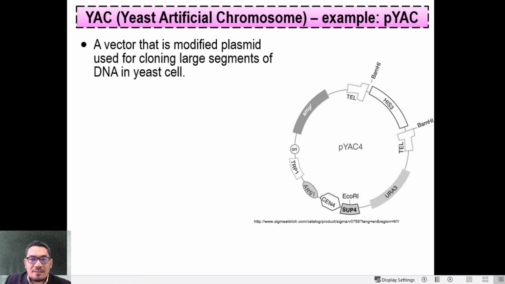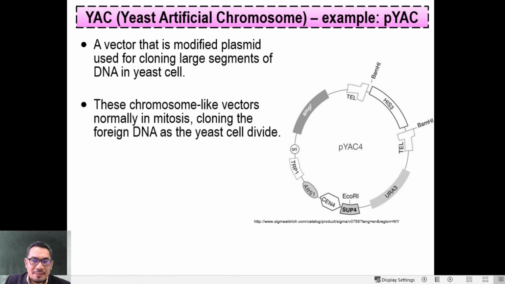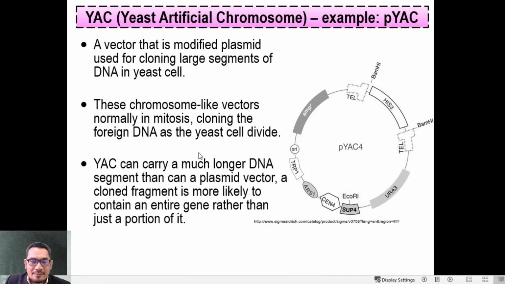Next, yeast artificial chromosome, example pYAC, refers to the vector that is a modified plasmid used for cloning large segments of DNA in yeast cells. This chromosome-like vector behaves normally in mitosis, cloning the foreign DNA as the yeast cell divides.